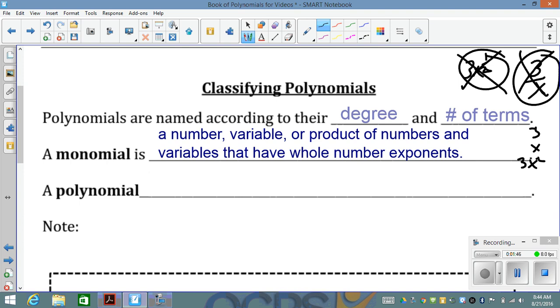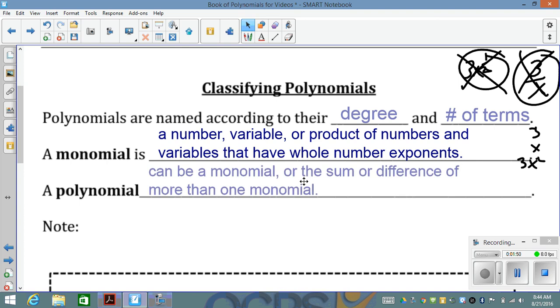Okay, now the definition of a polynomial. A polynomial can be a monomial, or the sum, that means addition, or difference of more than one monomial. So basically a monomial is one term.